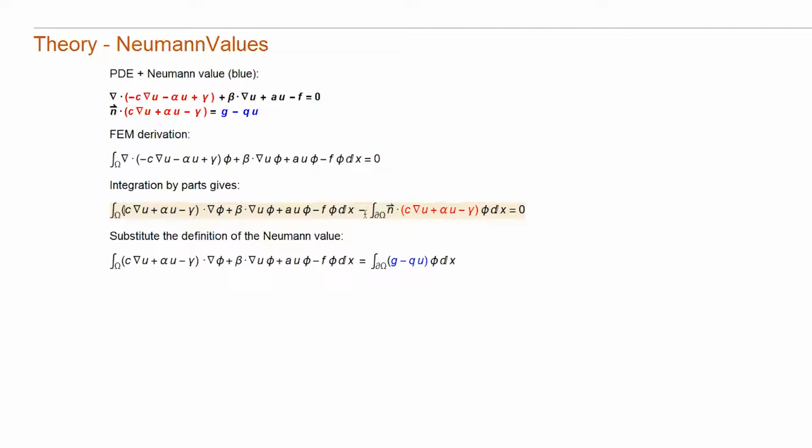Also note that we now have a boundary integral. The coefficient c in this first part of the expression and in the boundary expression is the same as our alpha and gamma. Now what happens is that this part of the boundary integral is substituted with the definition of the Neumann value.